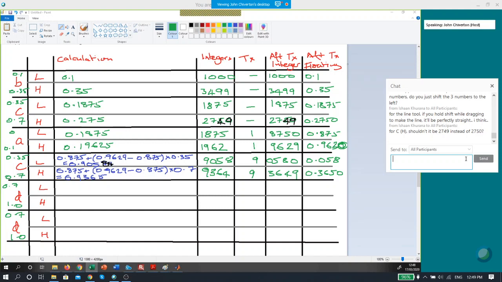Oops. Should be 3 there. So that's 9058. That's good. And this is 6.6 actually. So that should have been a 6 there. And then down here that would have been a 5. And then so we've got 3, 6, 5 in there. So that comes out as 60 there.